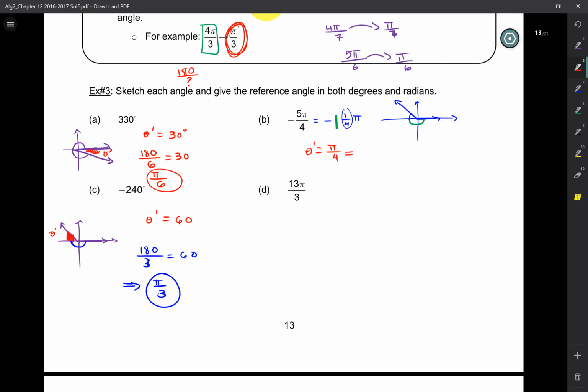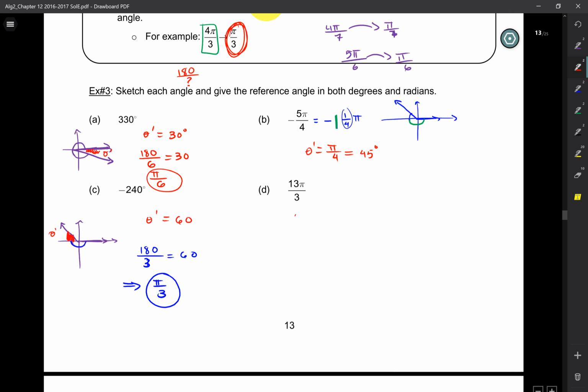Pi over 4 is the same as 180 over 4, which would be 45 degrees. Okay? I found that it's the most efficient way to do it. Okay, so reference angle without doing anything.